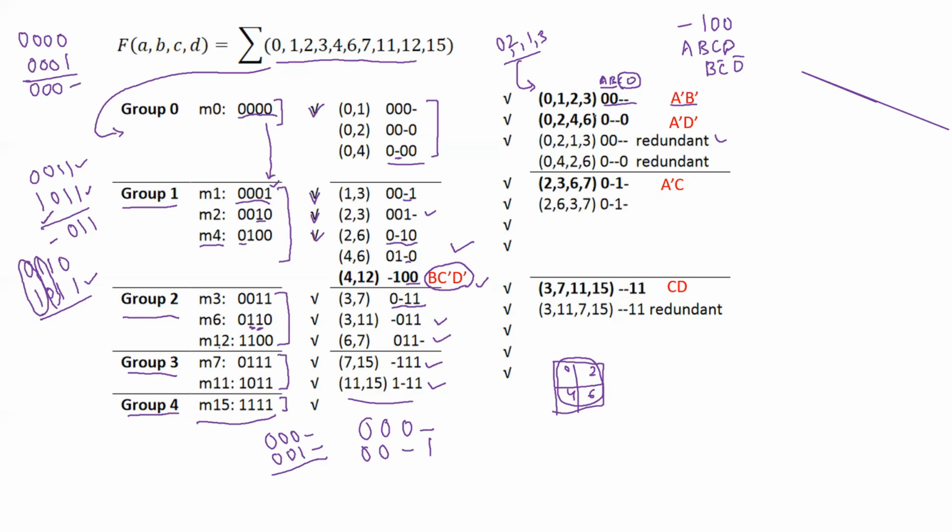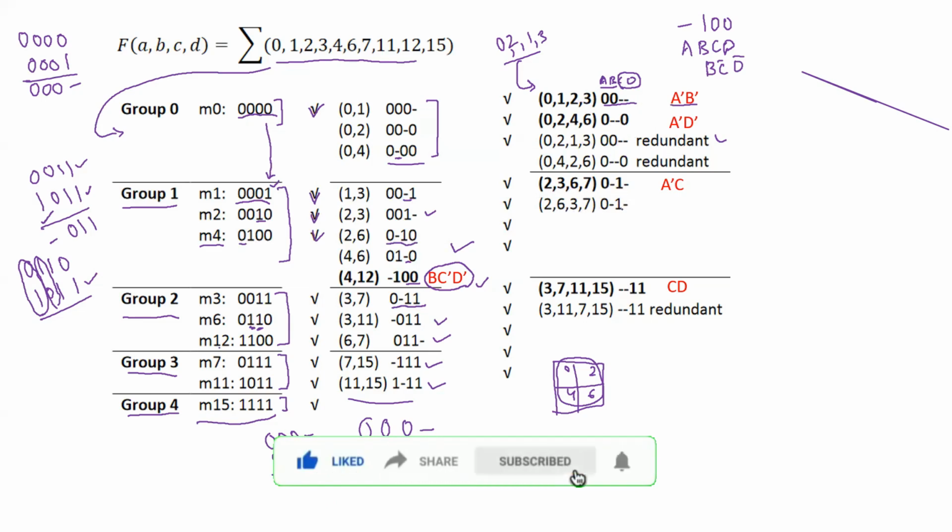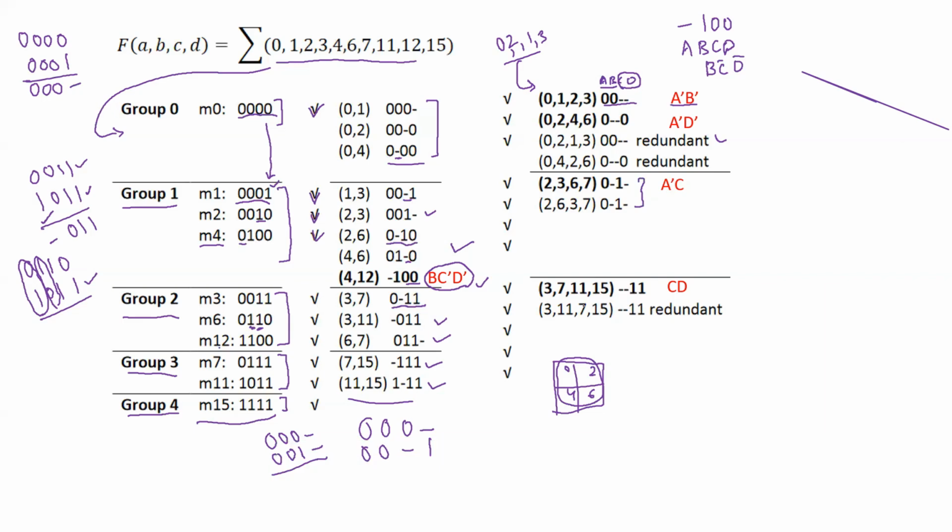And they are redundant. Why are they redundant? Because 0, 1, 2, 3 and 0, 2, 1, 3 are one and the same thing. Then 2, 3, 6, 7 gives A bar and C. So 2, 3, 6, 7 and 2, 6, 3, 7 are one and the same. Then 3, 7, 11, 15 and 3, 11, 7, 15 are one and the same.